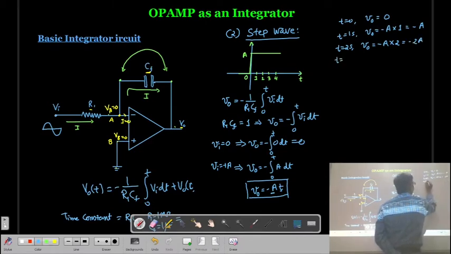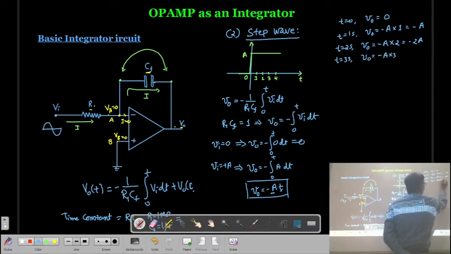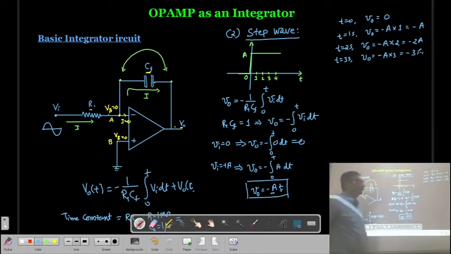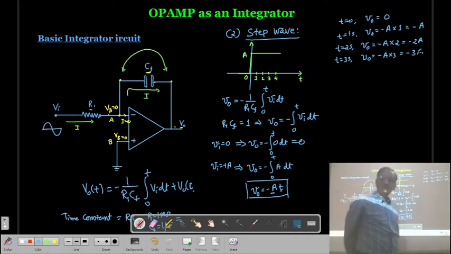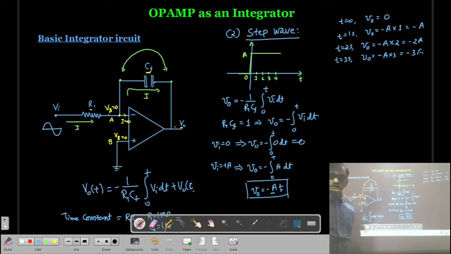Same way, t equal to 3 seconds, output voltage will be equal to minus A into 3, so this is minus 3A. In this way, for different values of time, you can calculate this output voltage.